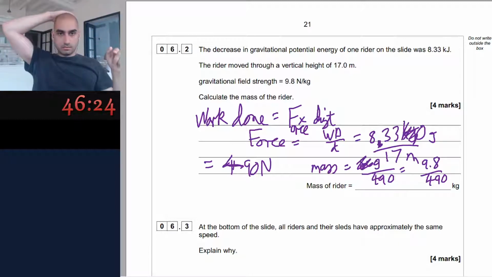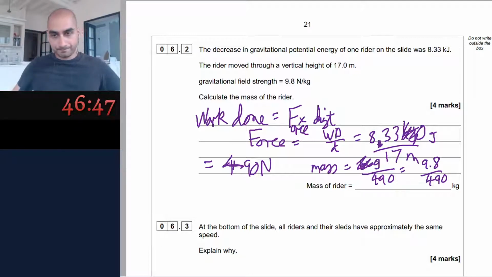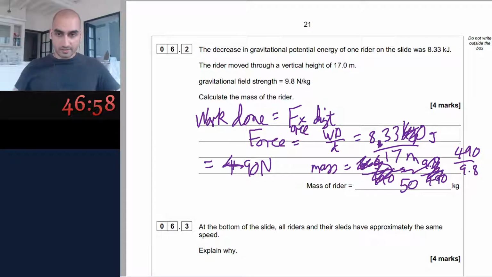No, wait. What am I doing? 490 divided by 9.8. Oh god. 50. That sounds about right. That's like a lot less mass than me, but okay.